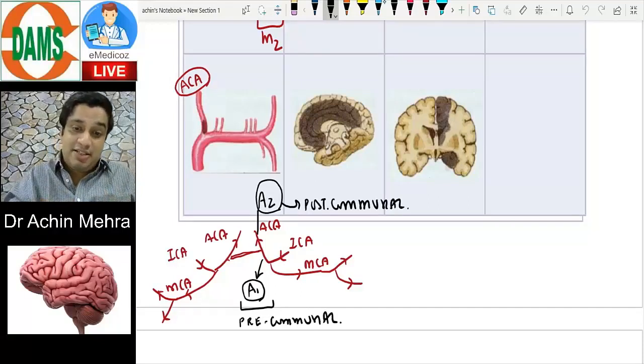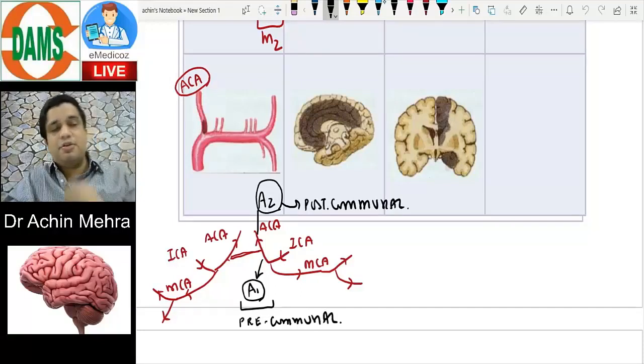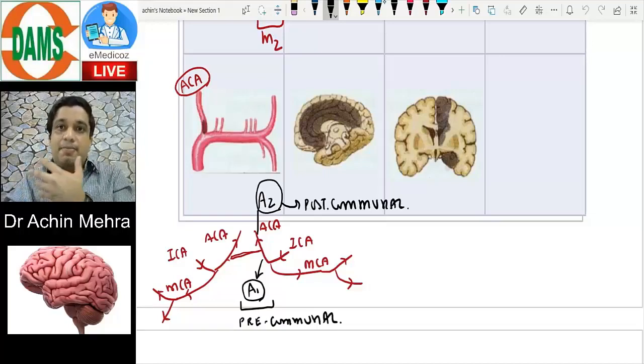If there is an infarction, remember that ischemic strokes in the brain are most of the time embolic, not thrombotic. Embolism is the most common cause of strokes, and most of the strokes that we find are embolic.